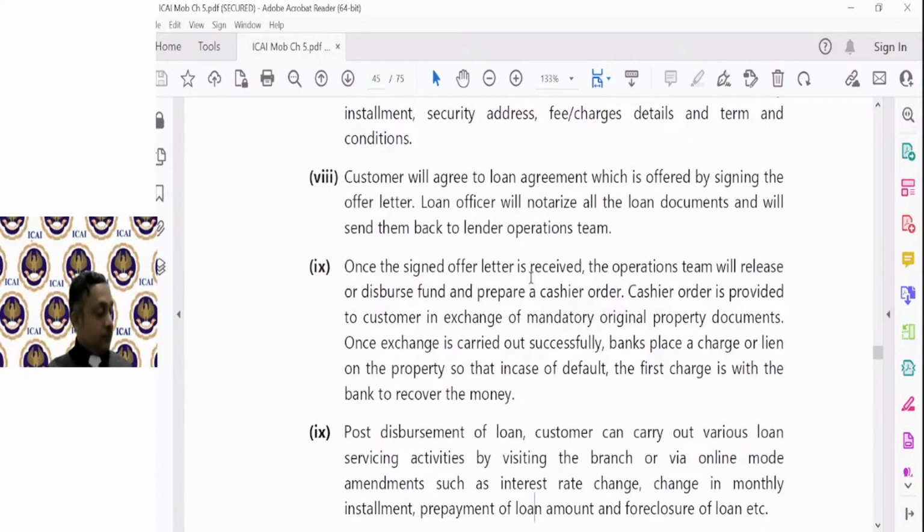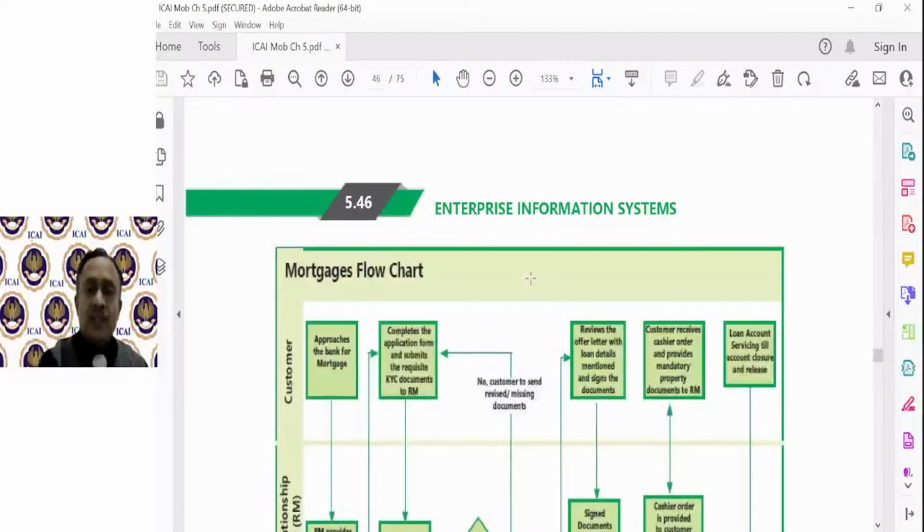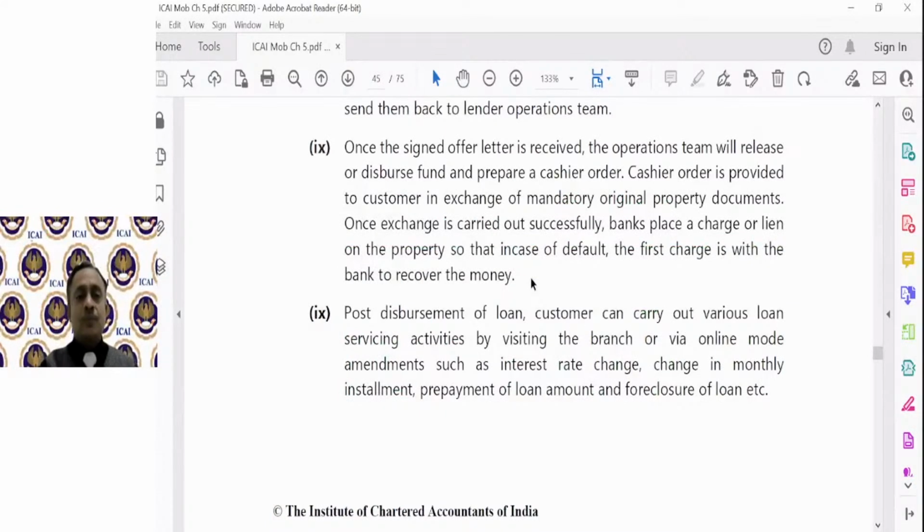Those original property documents are received by the banker. Suppose I am the customer and I am handing the original property document to the banker. I require a confirmation from the banker that I have submitted the original property document, so that confirmation is created. Then an agreement is written. And once all this basic process is completed, the loan is disbursed.